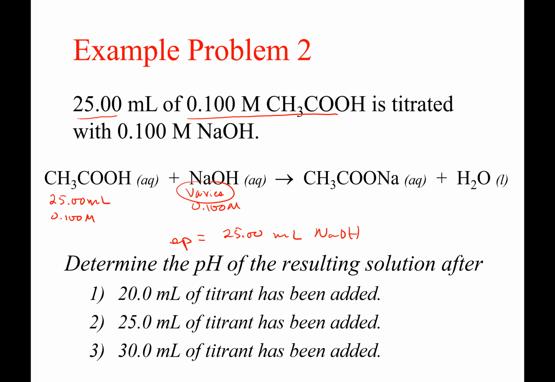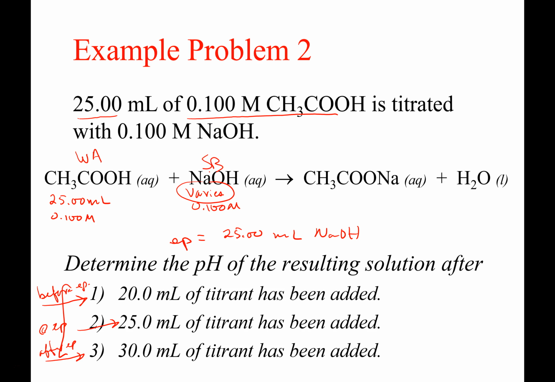Notice that of the three volumes we're going with, this one is at EP, at equivalence point. This one right here is before equivalence point, and this is after equivalence point. They will have 3 different chemistries going on. So again, the pattern we're looking at is a WA, weak acid, which is your CH3COOH, and SB, strong base.